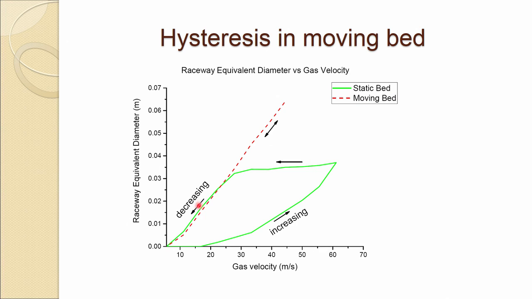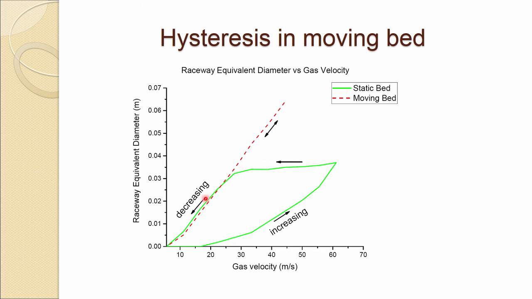And one more thing it is saying: this moving bed raceway size corresponds to the decreasing bed raceway size of the stationary one. So, the statement that decreasing velocity correlations are relevant to the blast furnace raceway is quite accurate, because the moving bed and the decreasing one are coinciding.